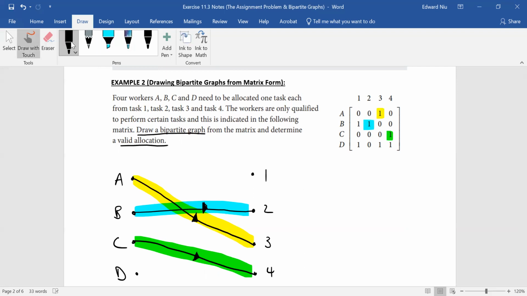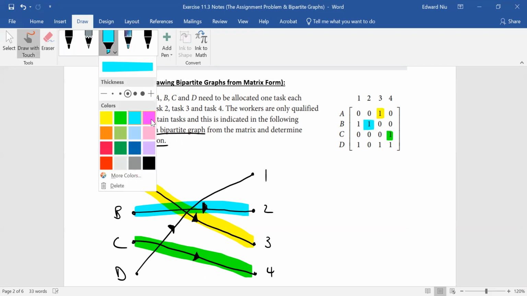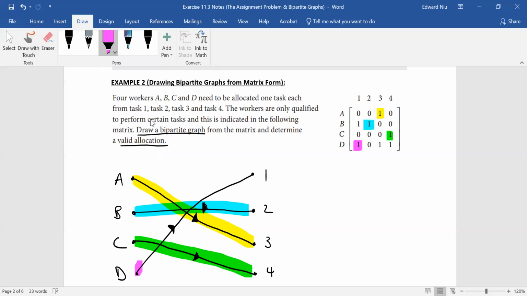And then lastly, we've got job 1 left over to the person who's got the broadest capabilities, and that's person D. All right, and we can say this is going to be the pink color. And it goes through everybody. Oh, that makes a funky intersection.